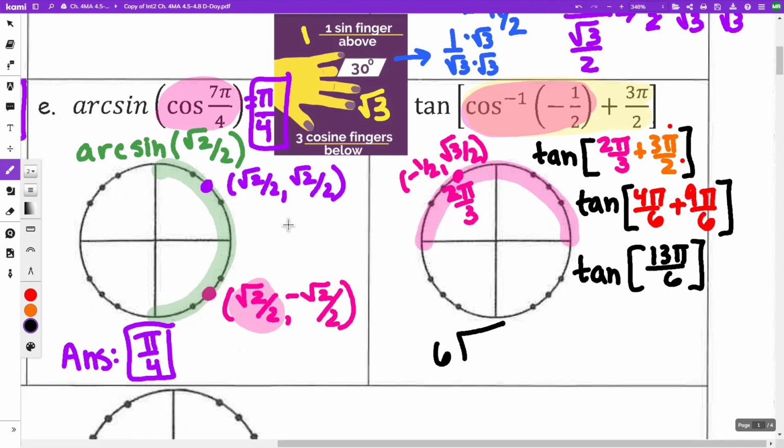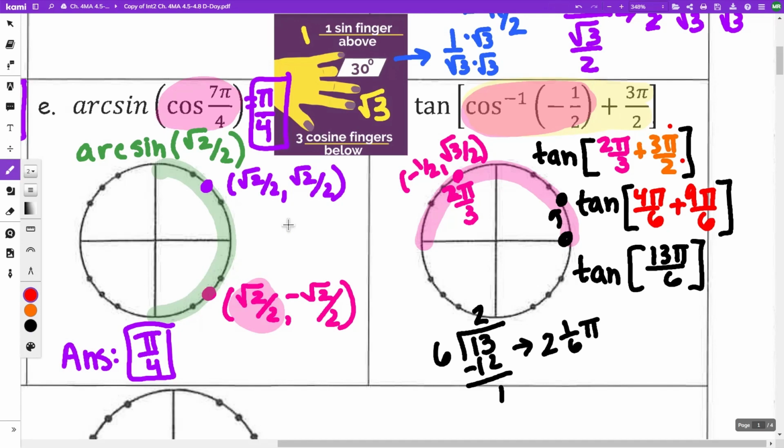Another way is, how many times does 6 go into 13? It goes twice, which is 12, with 1 left over. So it's 2 and 1/6 pi. Now 2 pi is going to be here. And then I'm going to go 1/6 above that, which is going to be here. And then I want the tangent at that angle. Now the tangent at that angle, the coordinates there, let me write them in here.